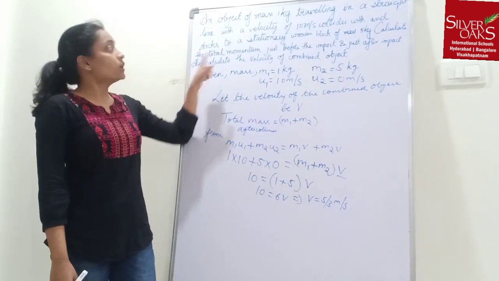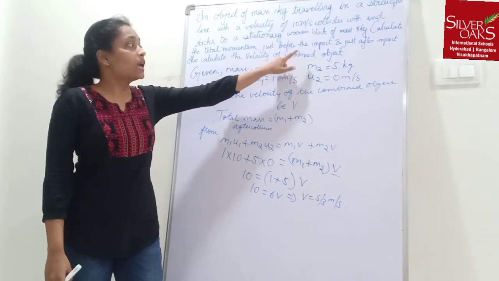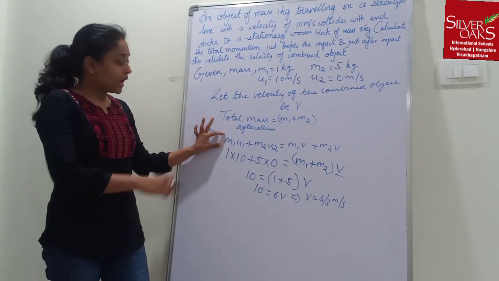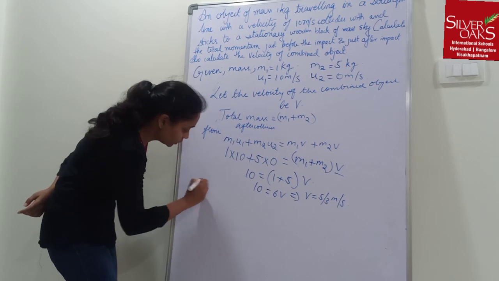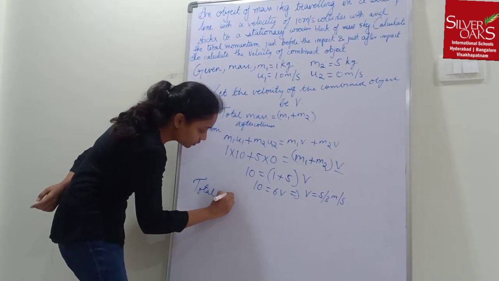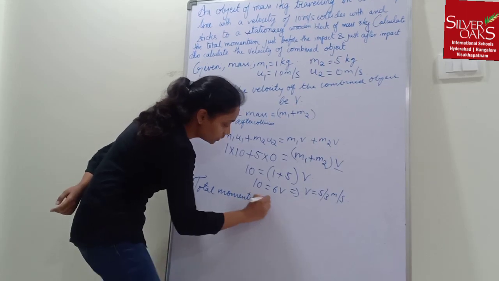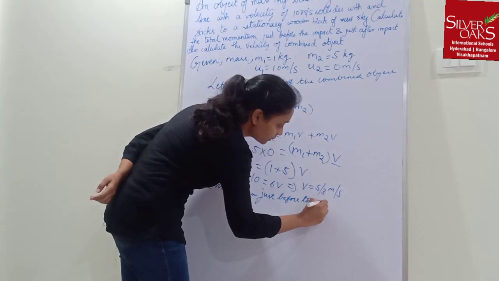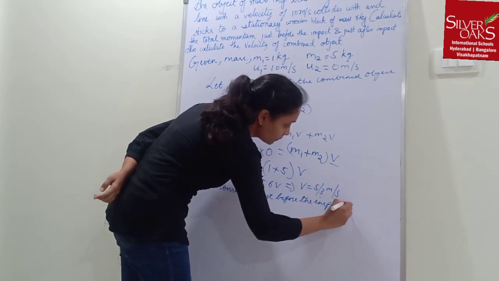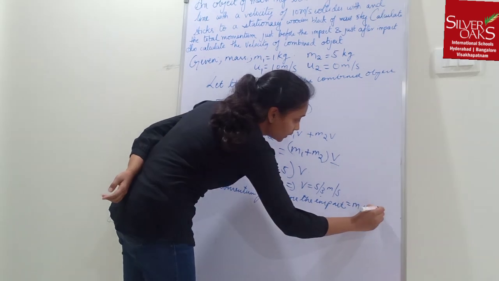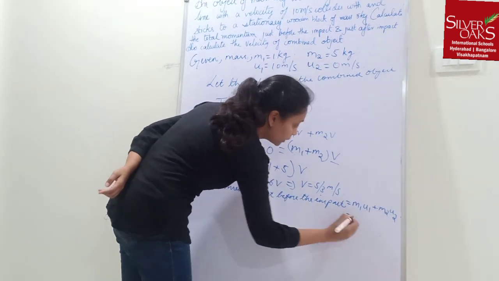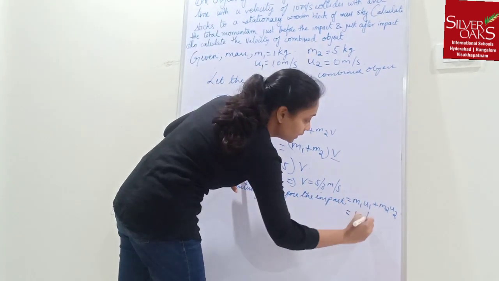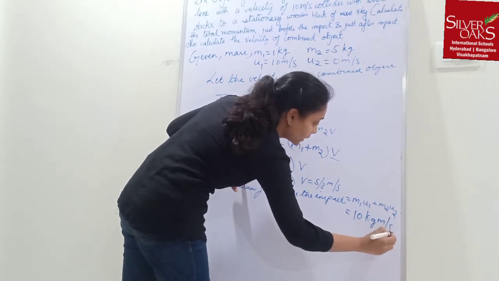Now we have to calculate the total momentum just before the impact and the total momentum just after the impact. So the total momentum just before the impact is m1 u1 plus m2 u2. Now this is nothing but, as we have already calculated, 10 kg meters per second.